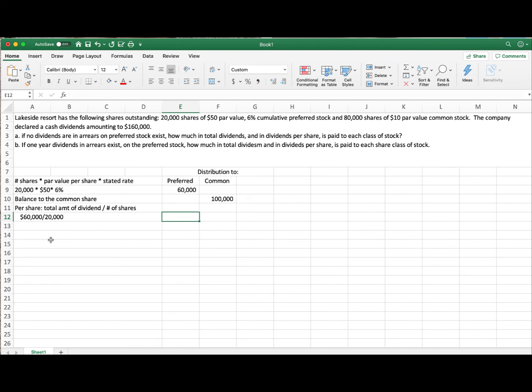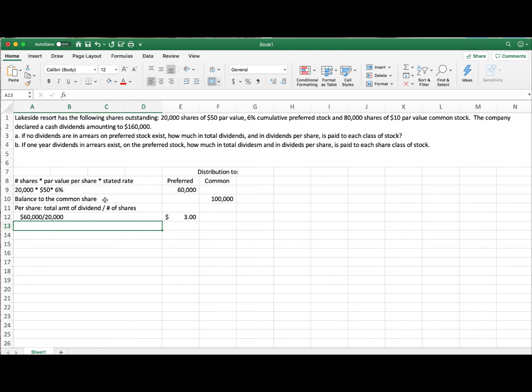So to figure out the dividend per share, I take the total amount of the dividend, $60,000, and divide it by 20,000 shares. I end up with $3 per share.